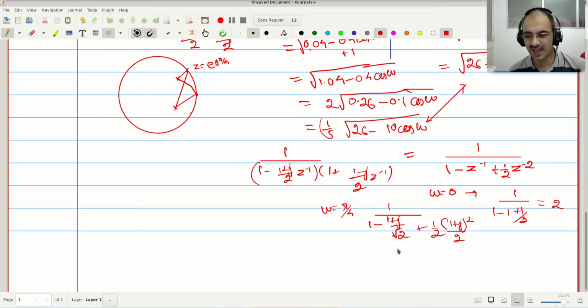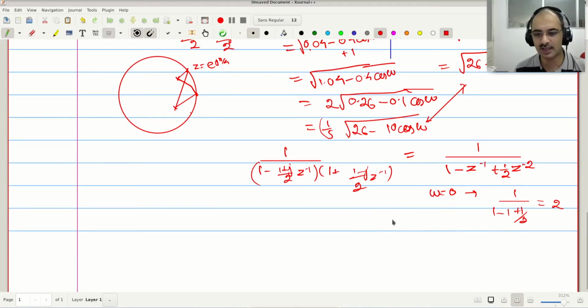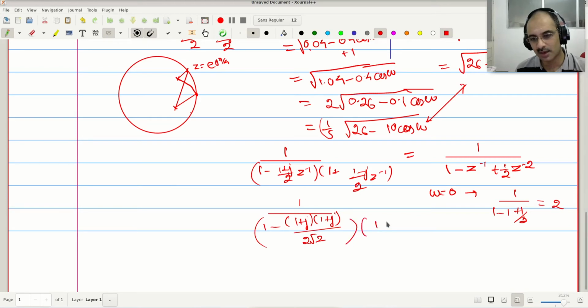Let me evaluate it carefully. I get 1 upon 1 minus (1 plus j) into (1 plus j) upon 2 root 2, and the other one is going to be 1 plus (1 minus j) into (1 plus j) upon 2 root 2.